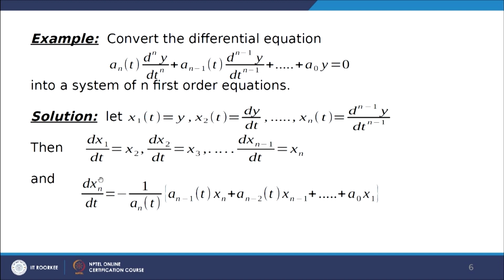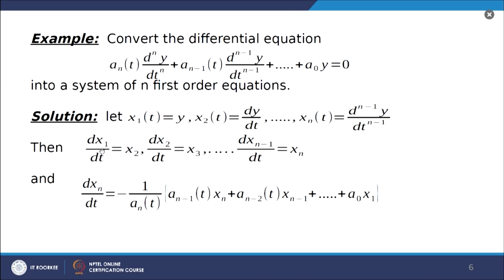So, then dx_n/dt will be minus 1 upon a_n(t), times a_{n-1} x_n, then a_{n-2} x_{n-1}, and so on, up to a_0 times x_1.